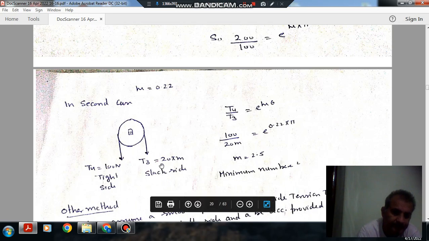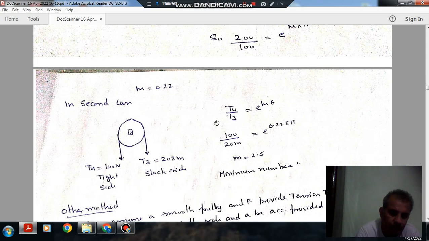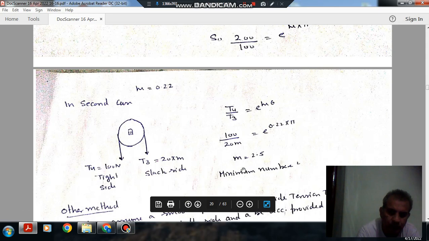And on the slack side, suppose there are m number of discs, so the tension is 20 into m. So by using T4 by T3 equal to e raised to mu theta, because now this is the tight side and this is the slack side, we get m equal to 2.5, and in integer it is 3.